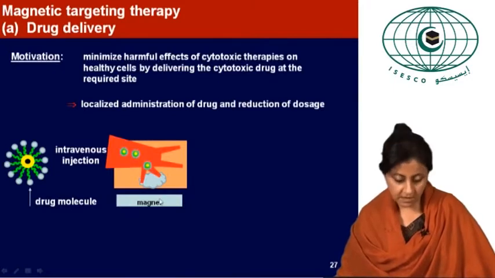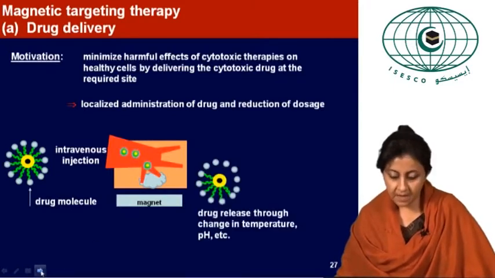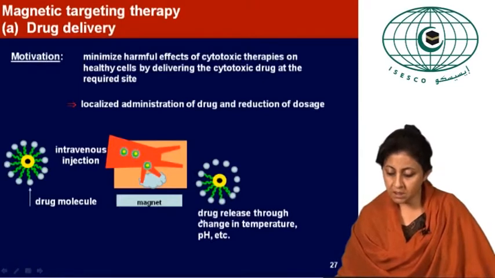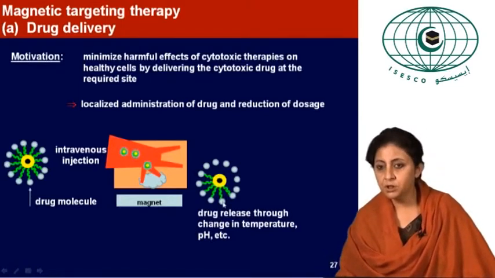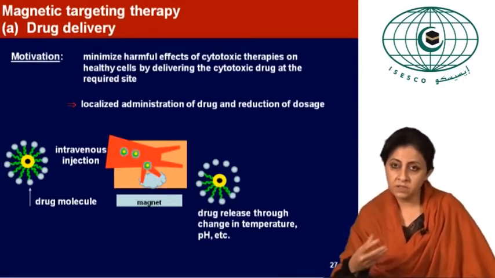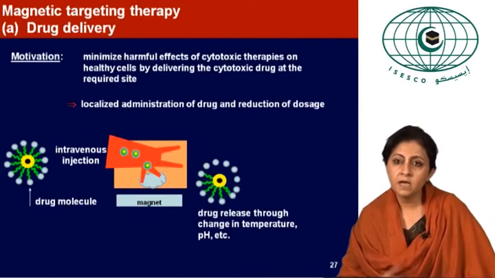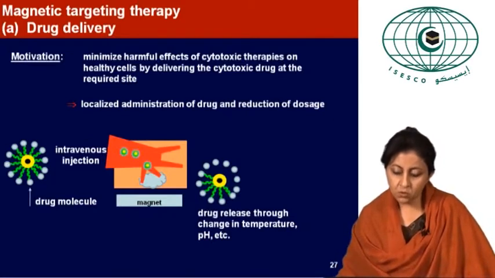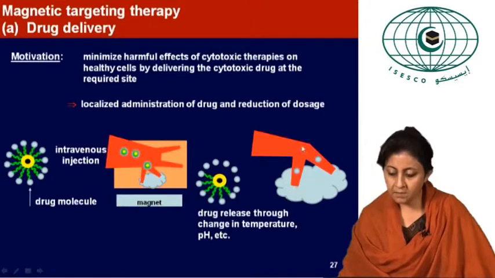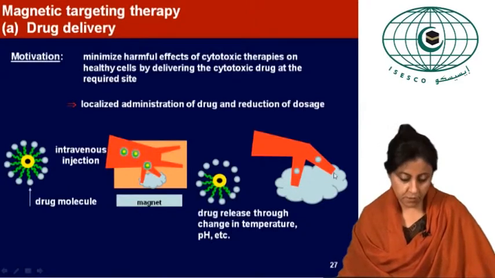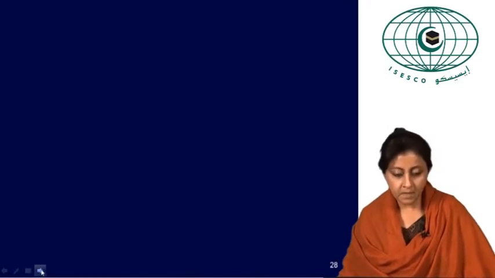It is directed to the site using magnetic fields, and then you can use different means, for example, a change in temperature via infrared heating of the body, or a change in pH through some other locally administered chemical, to break these functionalities, to break these bonds and release the drug. And this drug can then be administered directly to where it is required.